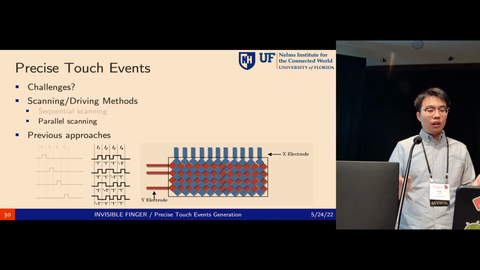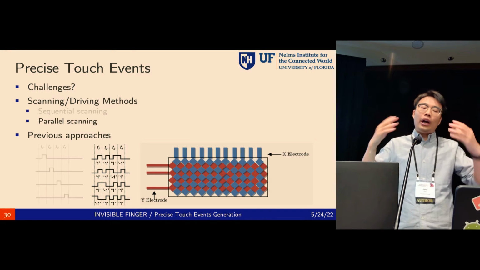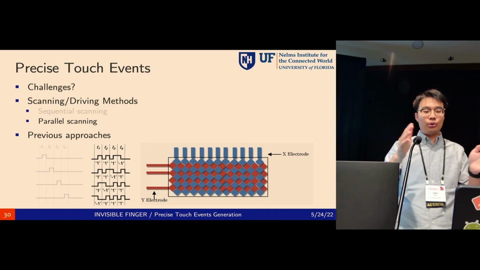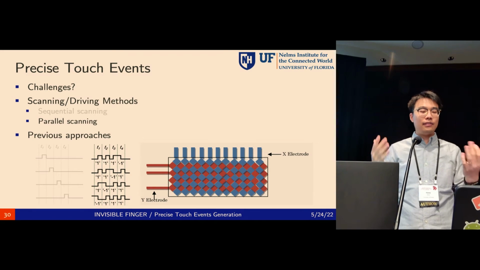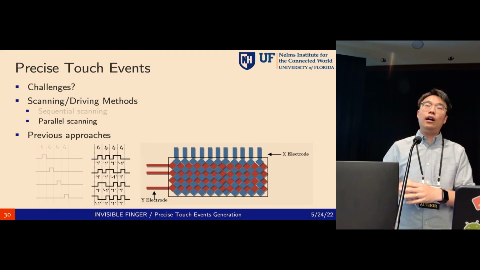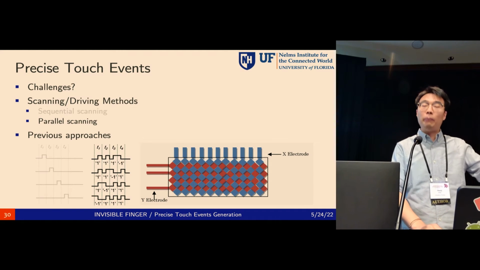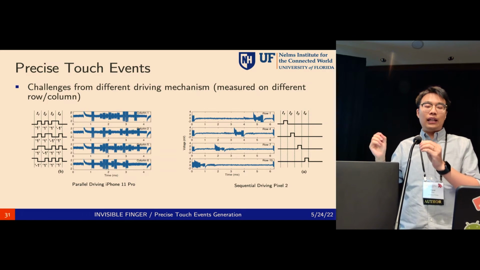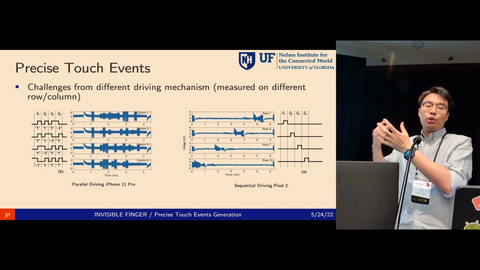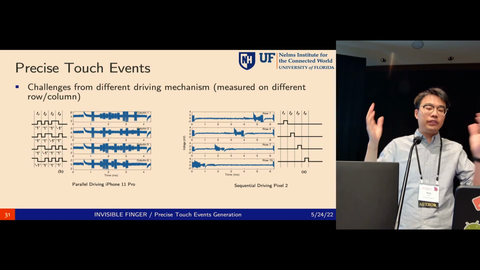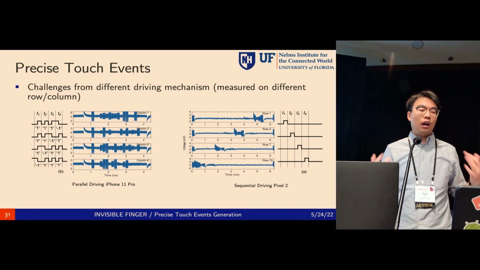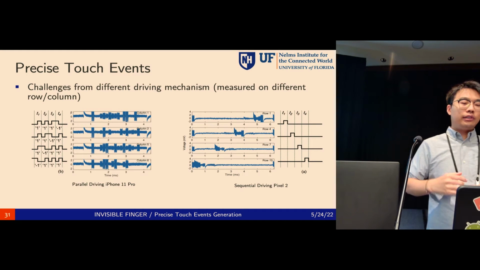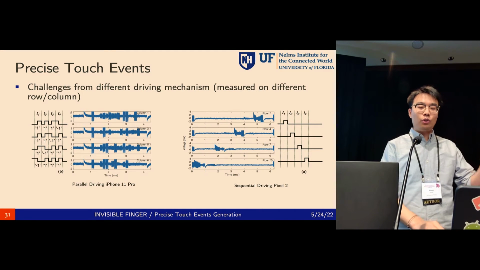The parallel scanning will try to encode the excitation signal and drive the X or Y electrodes at the same time, and then sense the other side of the electrodes and try to measure the capacitance. On these slides, we can also see what this kind of driving signal actually looks like on a real device. One was collected on an iPhone 11 Pro, and another was collected on a Pixel, with respect to the parallel and sequential driving mechanisms.